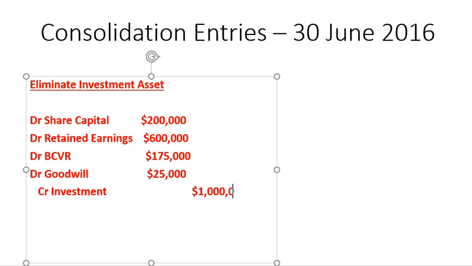So we've eliminated all the equity because we paid $25,000 more than the fair value of the net assets, which is represented by the equity. We have to recognize that goodwill of $25,000.